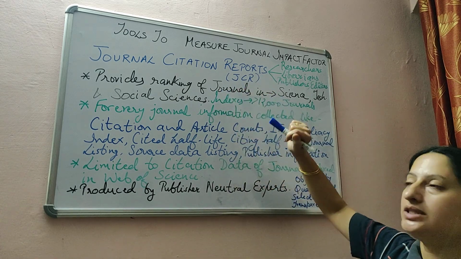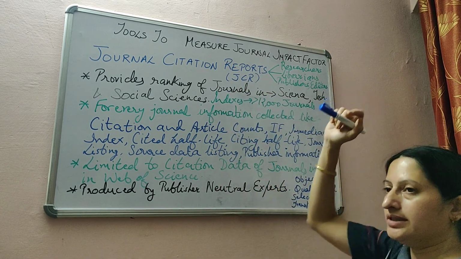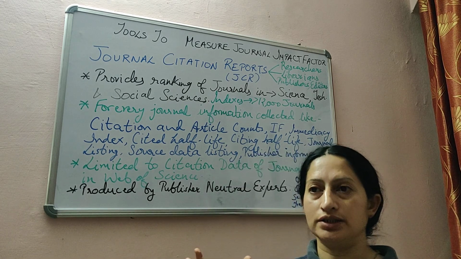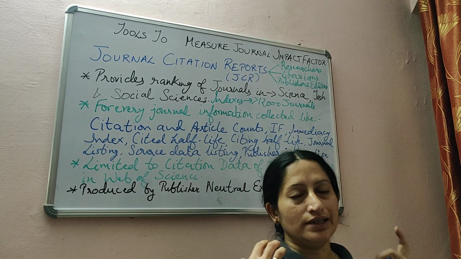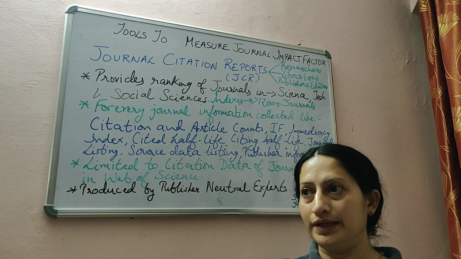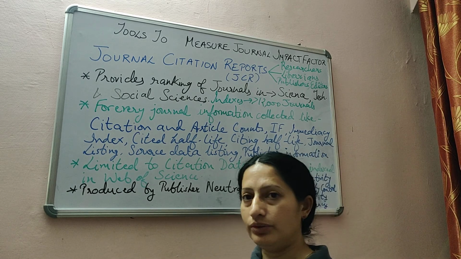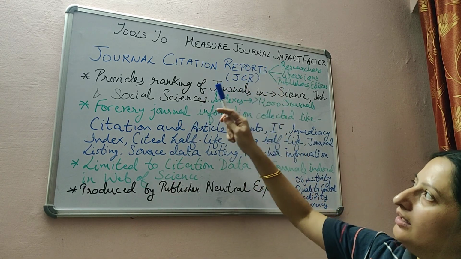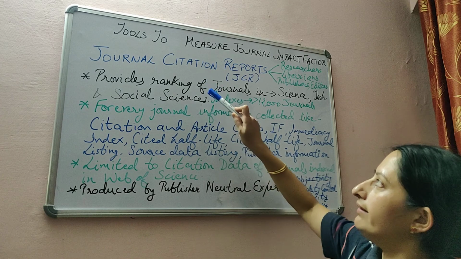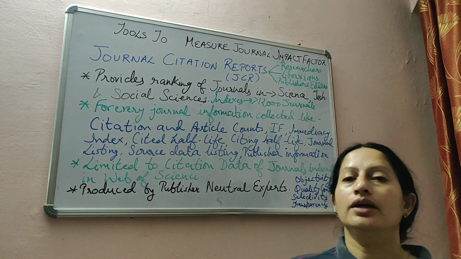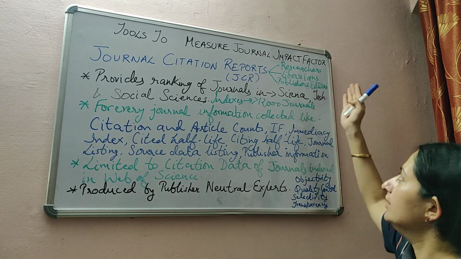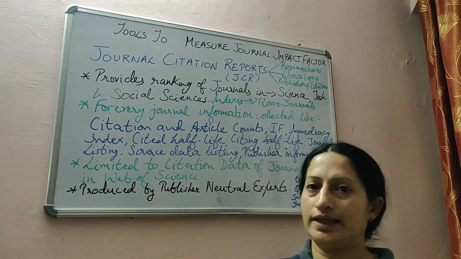Then the Journal Citation Report is important for publishers and editors so that they can know which journals are good ones, which journals are better ones for publishing or editing work. It provides the ranking of journals in the fields of science, technology and social sciences.